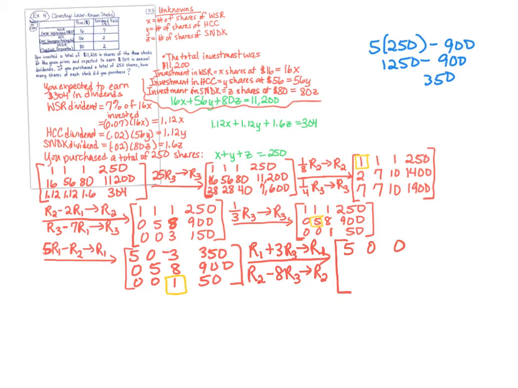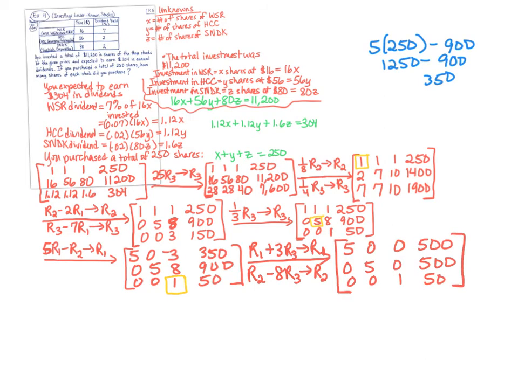Oh, 500. And then row 2, we're doing row 2 minus 8 row 3 to get a new row 2. So that's going to be 0, 5, 0, and 500. Good. And then the last row doesn't change. So we have 0, 0, 1, 50.